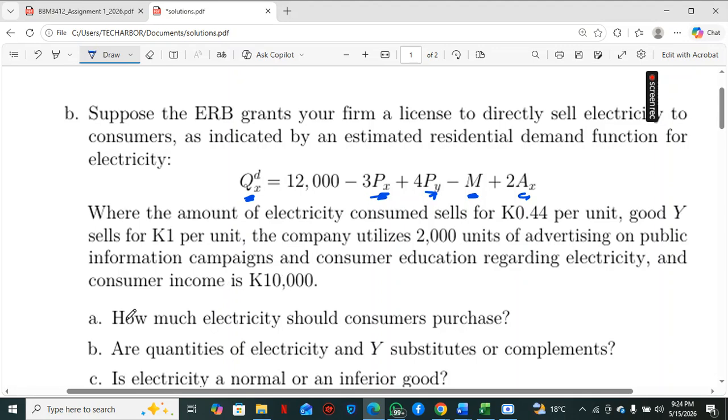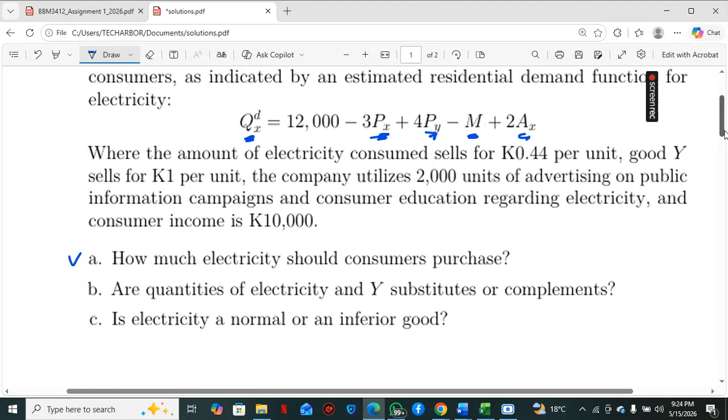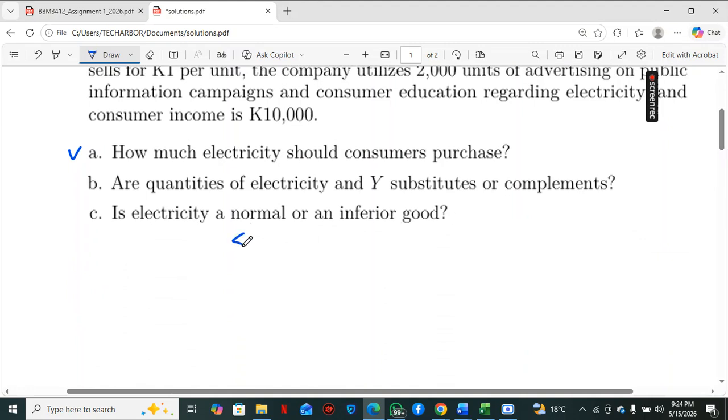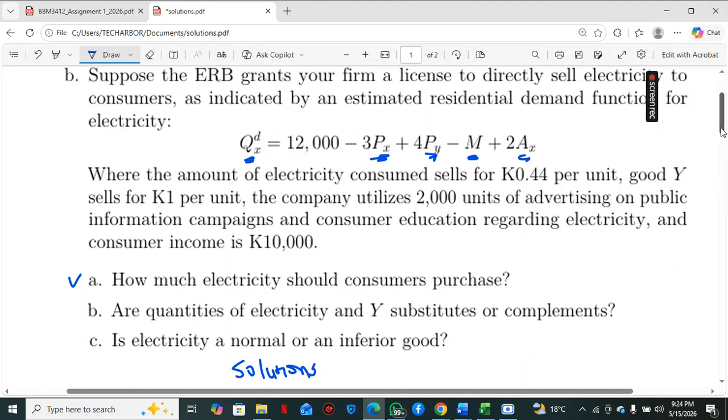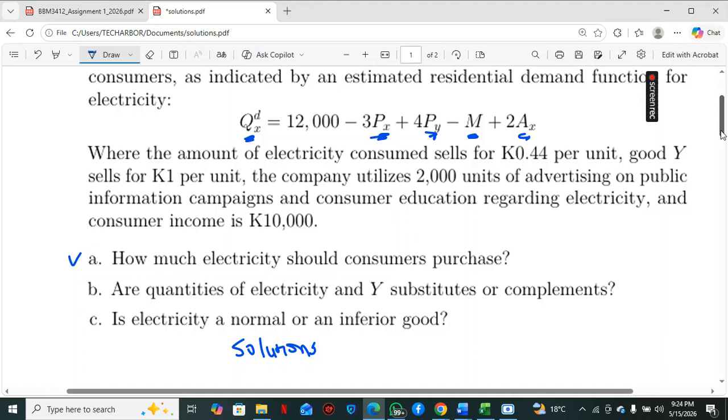So part A, how much electricity should the consumers purchase? All right. So for part A, all that we need to do is just substitute these values into the demand function. Okay.